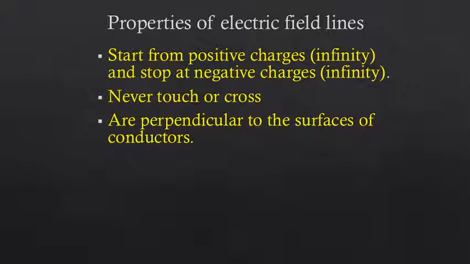So if you have a conductor, say a piece of metal, then they're going to be perpendicular, at right angles, as we can illustrate by the diagram. Of course, assuming that is positive. And on this surface, obviously, again, perpendicular.